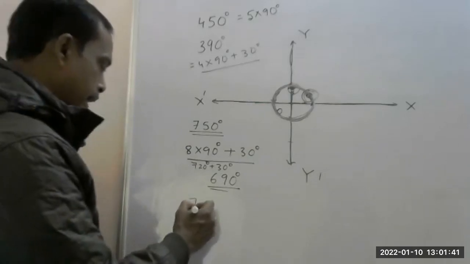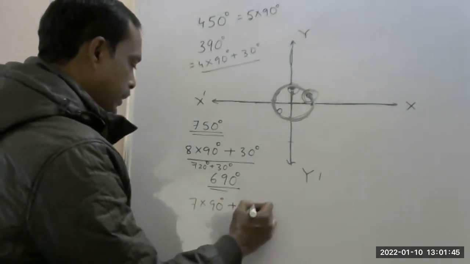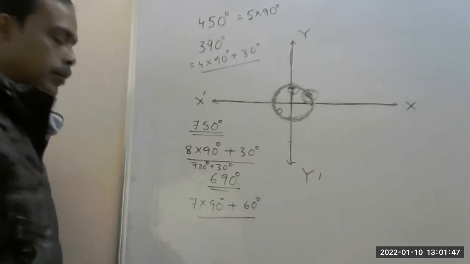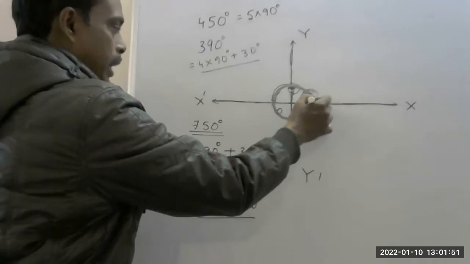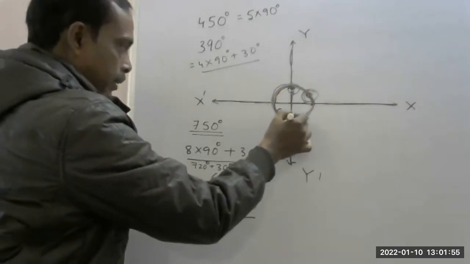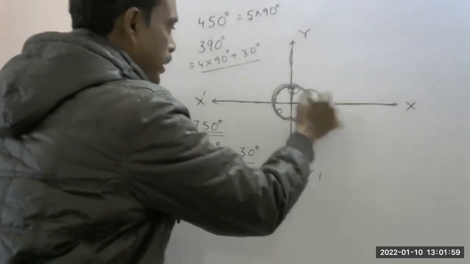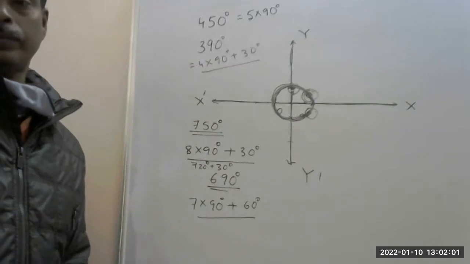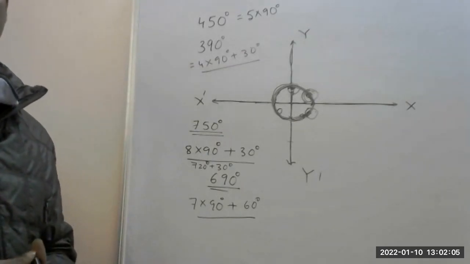It can be written as 7 into 90 degrees plus 60 degrees. So once means 4 into 90, 5 into 90, 6 into 90, 7 into 90 plus 60. That means it is somewhere here. So this 690 degrees is situated in the fourth quadrant.